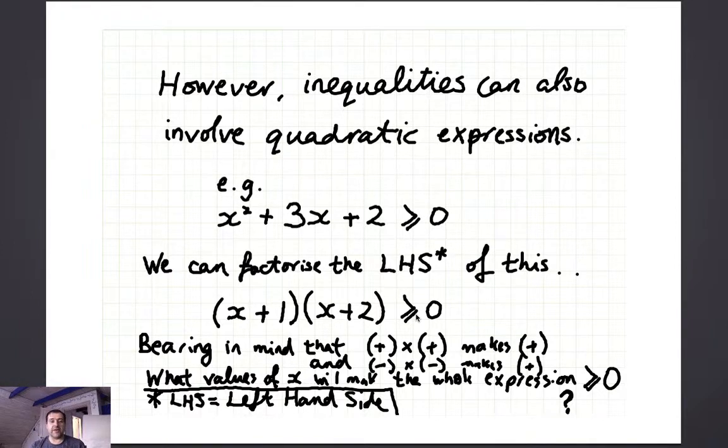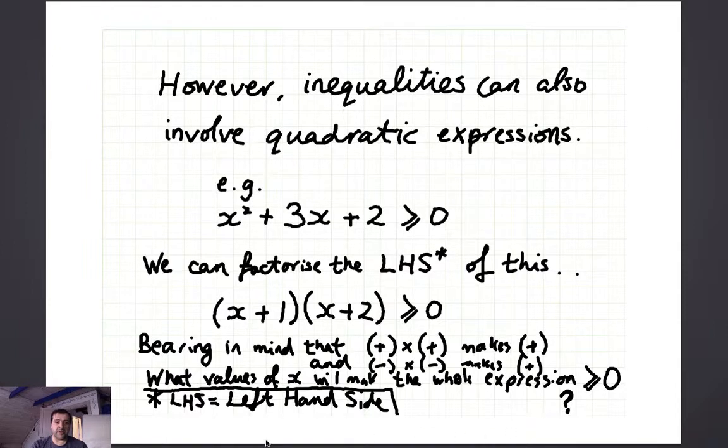Now, there are two ways that can be a number that's more than 0. It can be if you get two brackets that are positive, so a plus times a plus being a plus, or if both of those brackets are negative numbers, so that you get a minus times a minus, which gives you a plus. Those two brackets will only have a product greater than 0 if they're both plus or they're both minus.